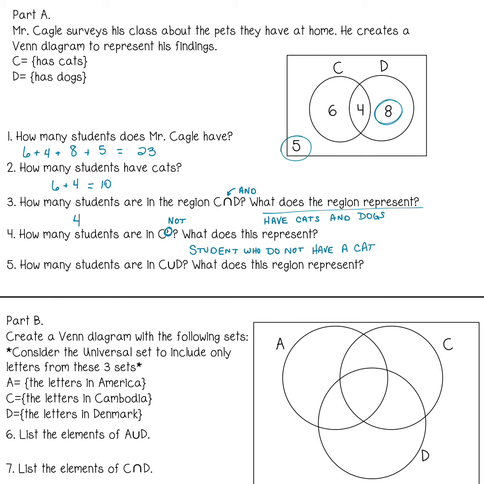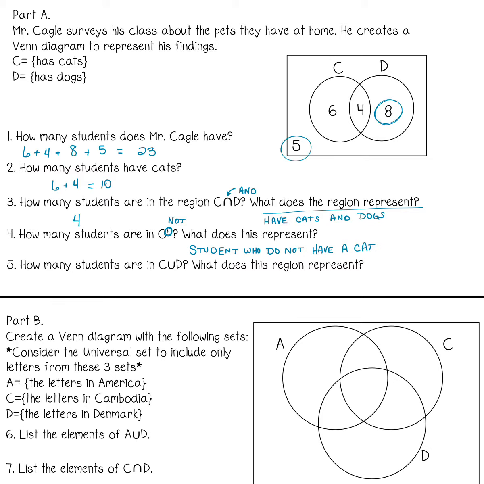Cambodia has C, A, M, B, O, D, I. And then Denmark has got everybody. D, E, N, M, A, R, K.